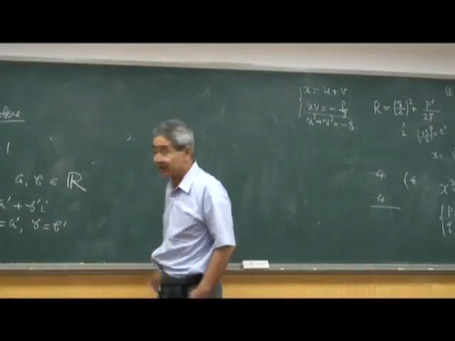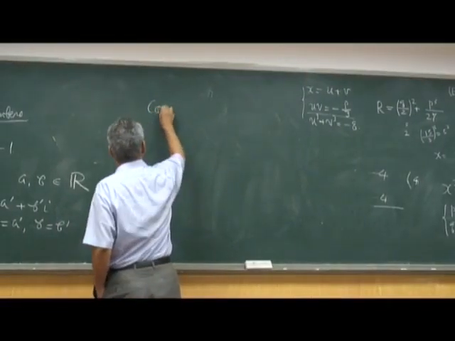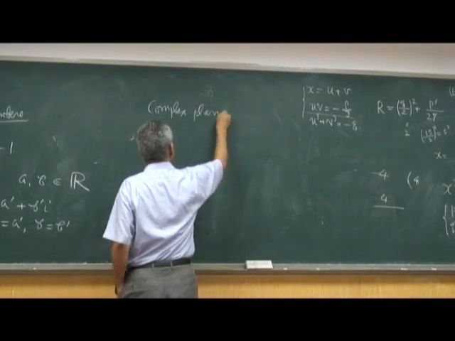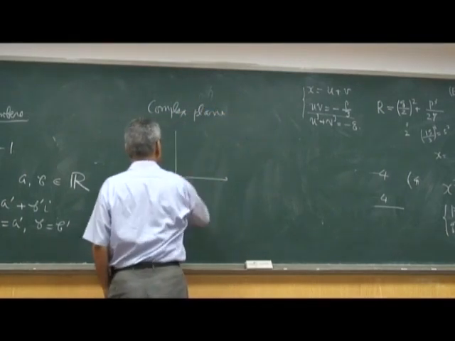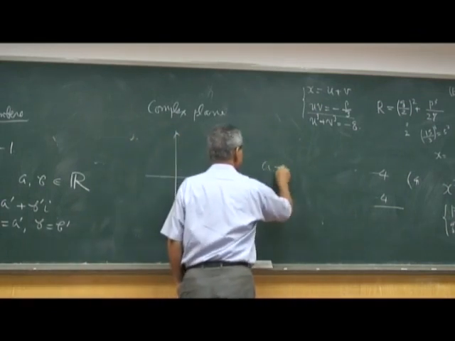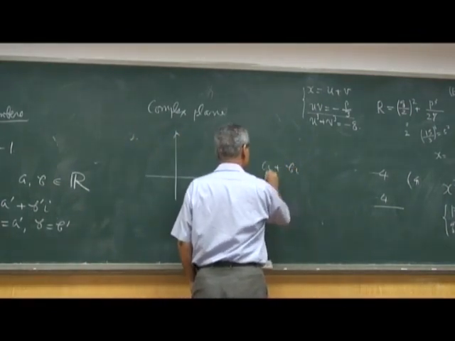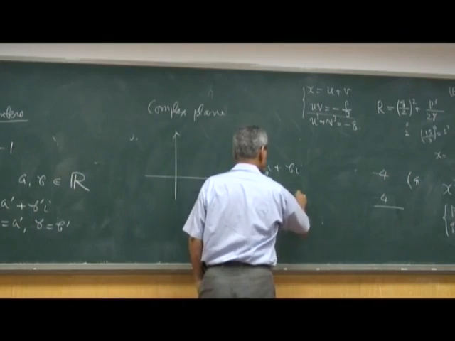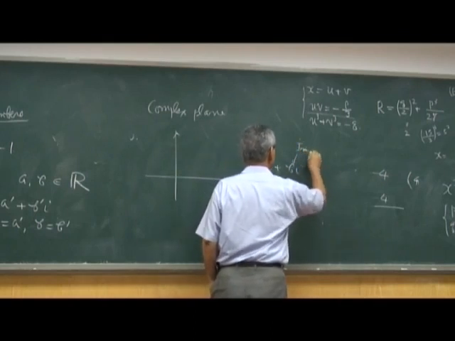The plane, sort of the complex plane. So a plus bi, you call this the real part, and b is called the imaginary part.